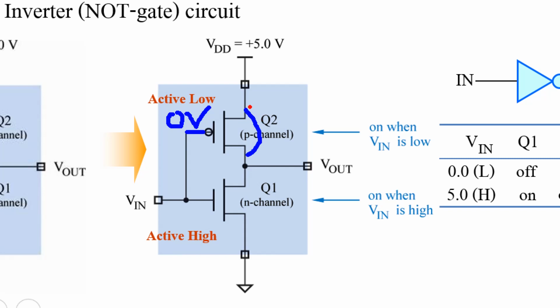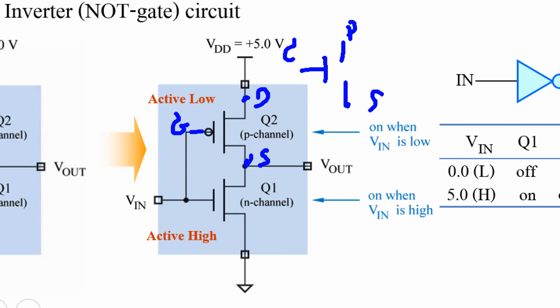That means this point and this point will short together, like a switch. This point is the drain, and this one will be the source, and this is the gate terminal, like a switch.